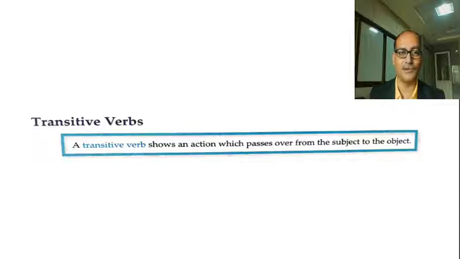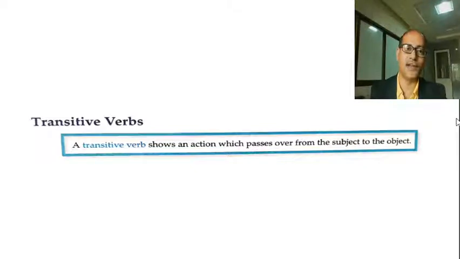Again, for example, my teacher teaches a lesson. Now a lesson is the object, teaches is the verb, and teacher is the subject. The teaching is done on something, that is the object, the lesson.